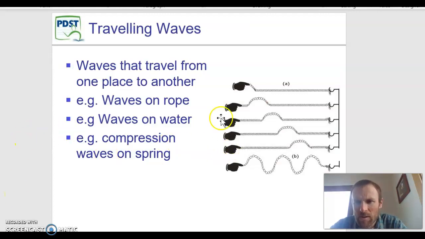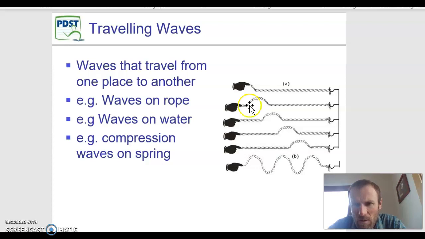So if we imagine this rope here, and we can do these experiments in class. We stretch out a string, we pull it so that it's tight, and we can create what's called a pulse. A pulse would be created by sort of flipping your wrist.